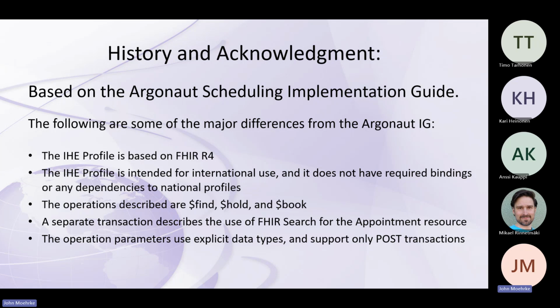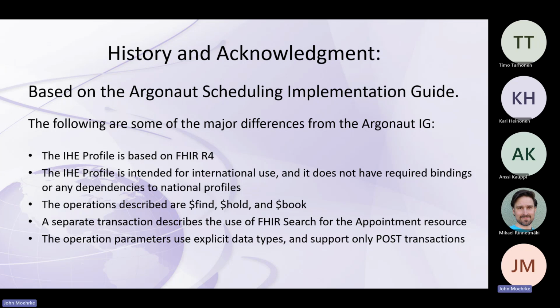So we pull it in, and of course, in order to go to R4, there's certainly some things that will happen to it. And I think there's probably yet going to be more things to happen to it. But the bulleted list here is the things that make it different from the Argonaut scheduling implementation guide. So it's based on R4.